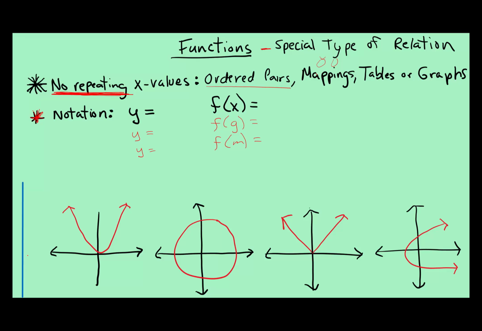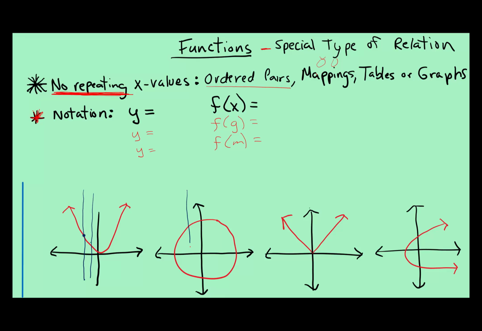You really can take your ruler and put it through the graph. If it only touches the graph at one point, and you do this several times all throughout the graph, and there's never a place where it hits the graph twice, then it's a function.